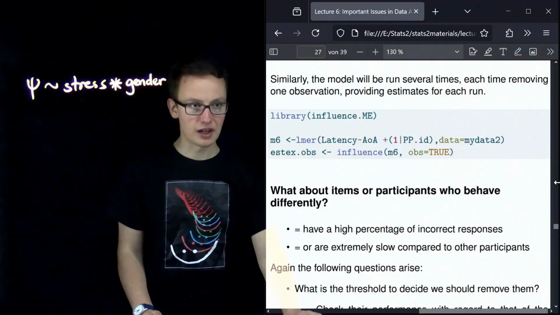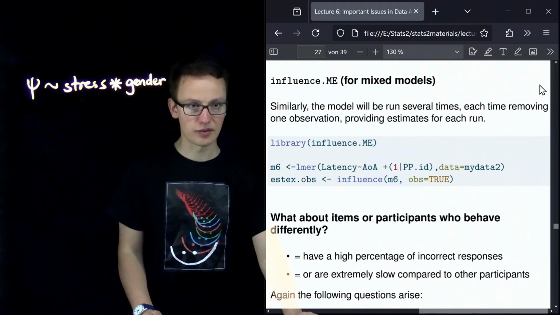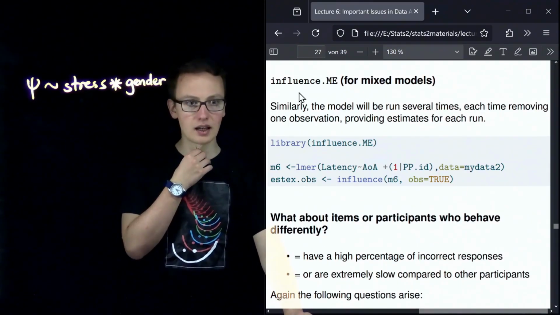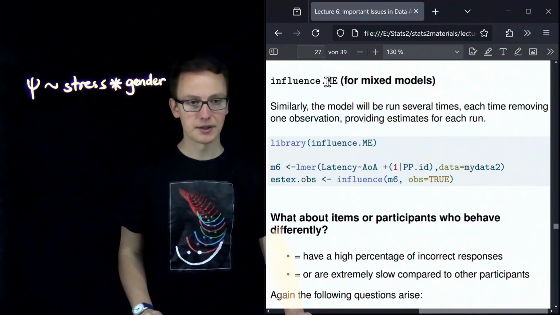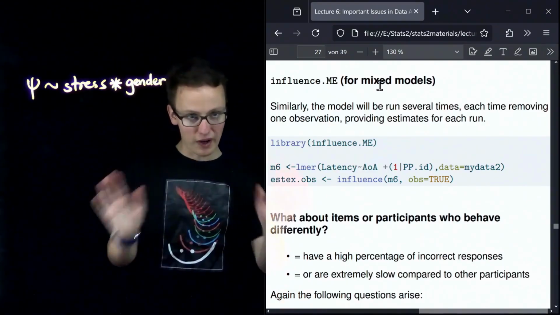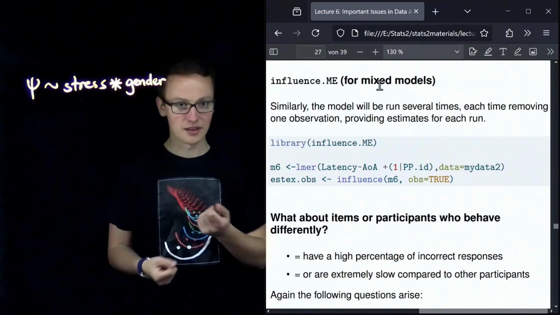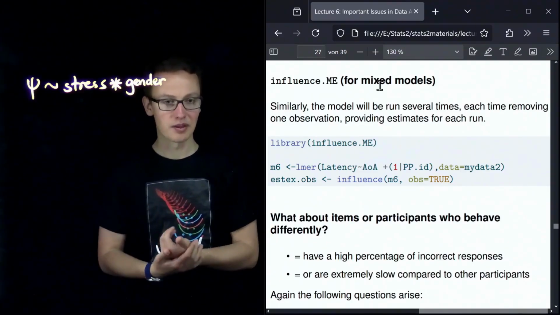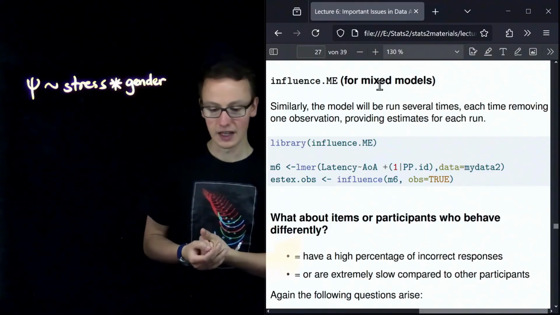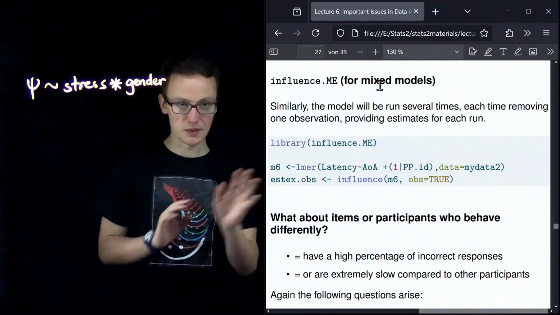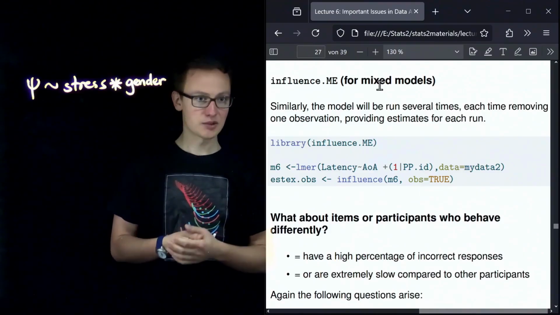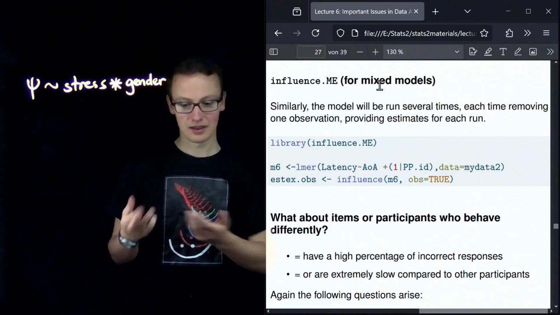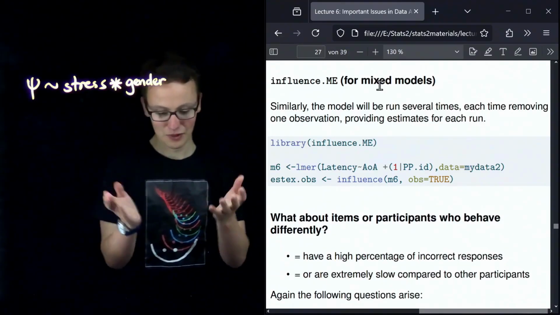Another functionality in R that is kind of related is the influence.ME package. You can do various things with it. It's kind of like the Swiss Army knife for all these metrics that tell you something about the influence of individual data points or even groups of data points on the regression result, to find influential outliers or groups of outliers.